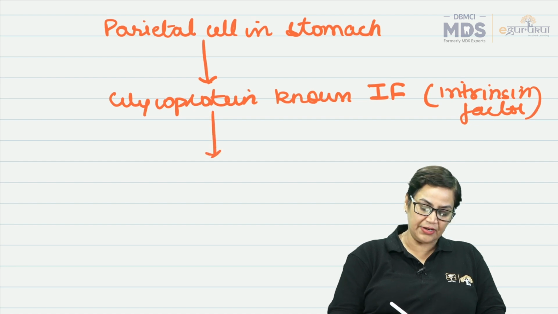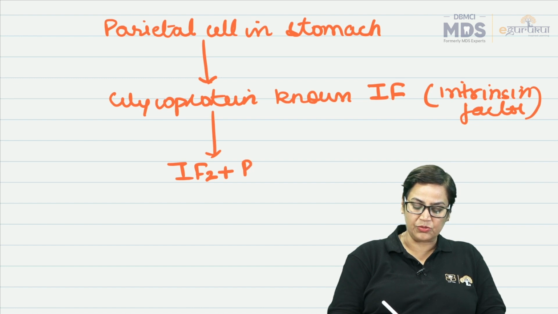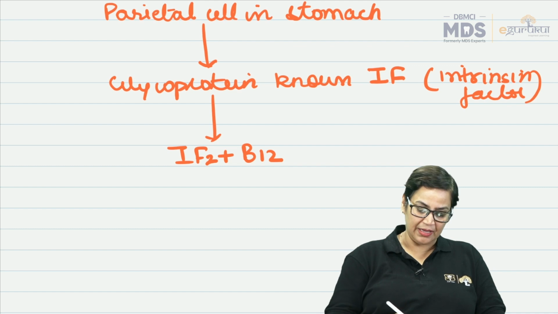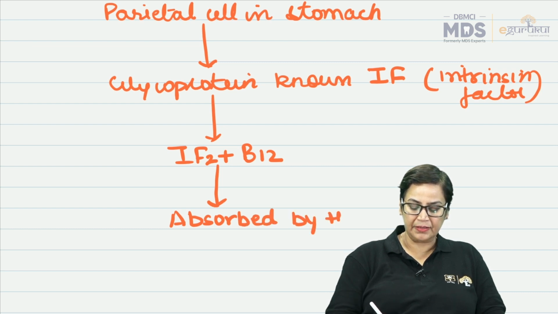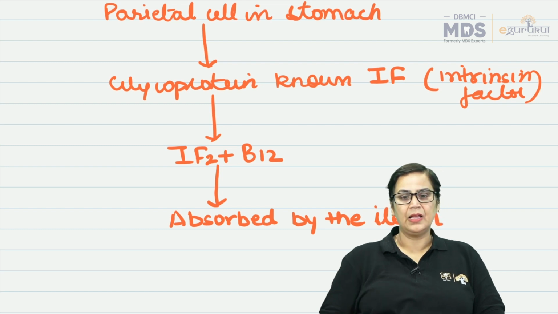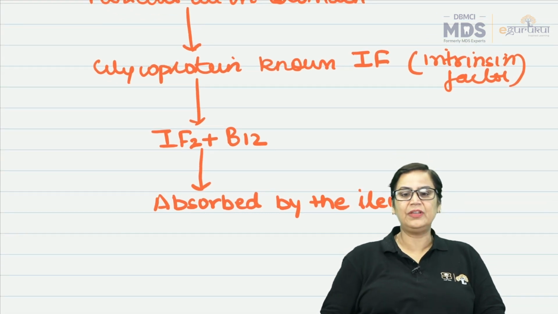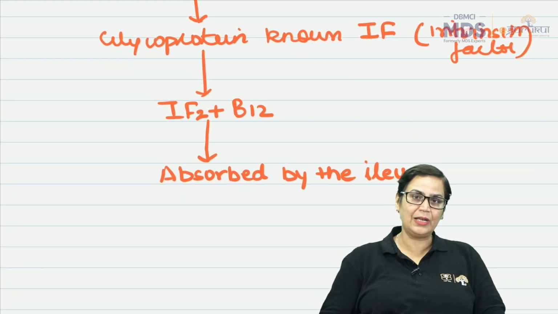And this intrinsic factor combines with B12. So basically it is helping in the absorption, and it is absorbed by the ileum. So maximum absorption of B12 takes place in the ileum.